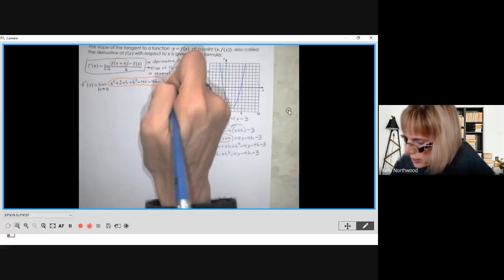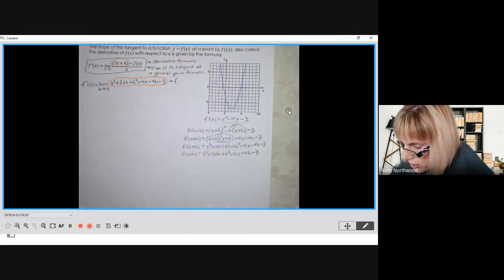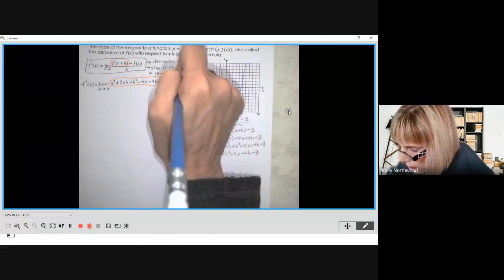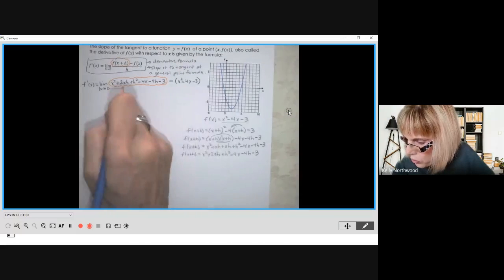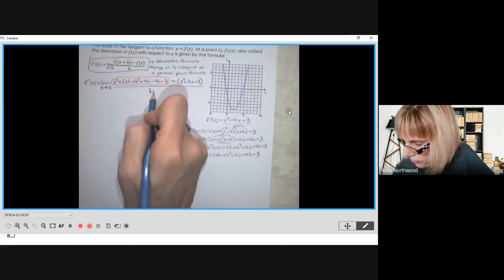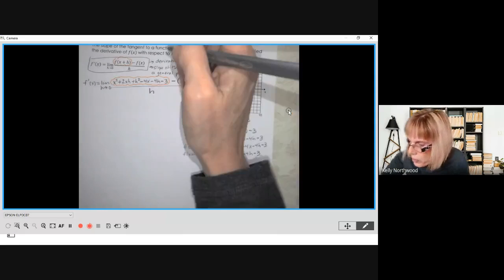Now we want to subtract f at x, and f at x has 3 terms in it, so I need those brackets there. They're so important because I'm not just subtracting whatever comes first, I'm subtracting everything in the bracket. So you have to show those brackets, all over h. And then your next step is going to be to distribute that negative.